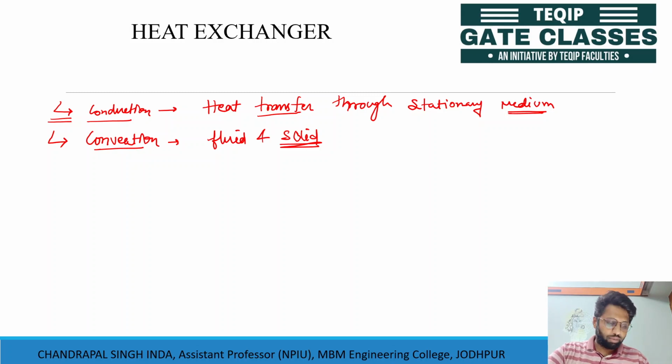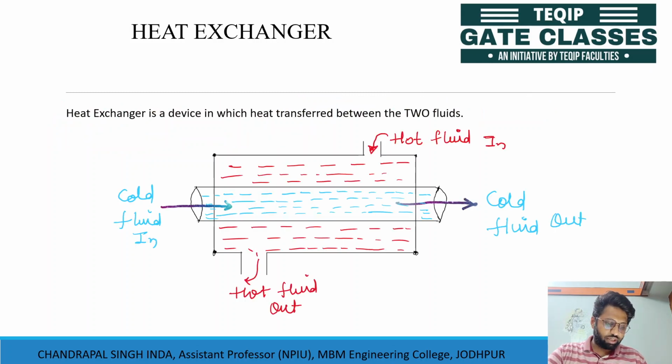So let's have an example figure of a heat exchanger device. This is a figure of a concentric tube heat exchanger. So there are two tubes. In the first tube one fluid is flowing, and in the other tube another fluid flows, and they exchange heat between them.